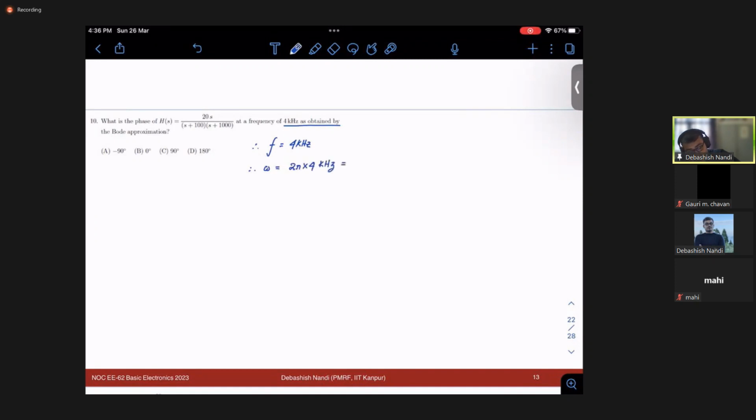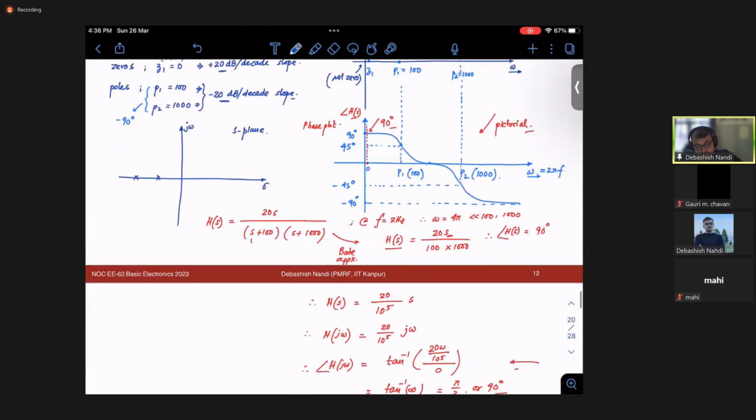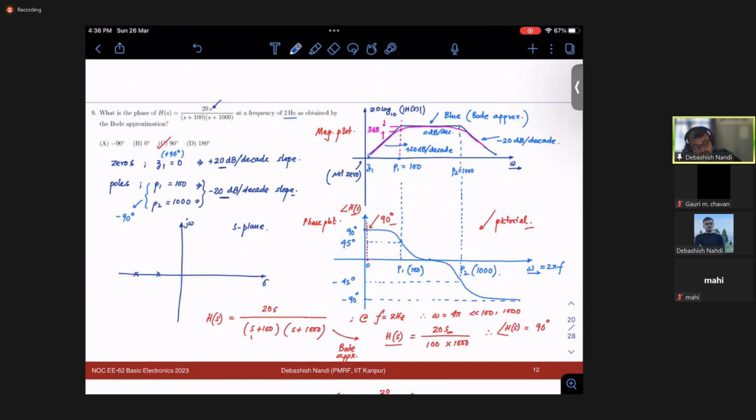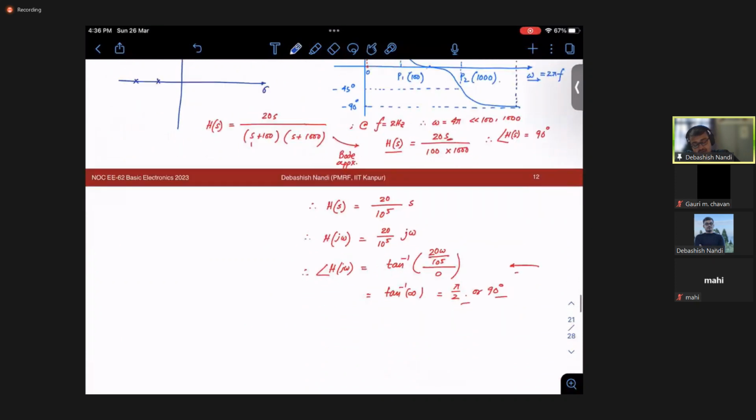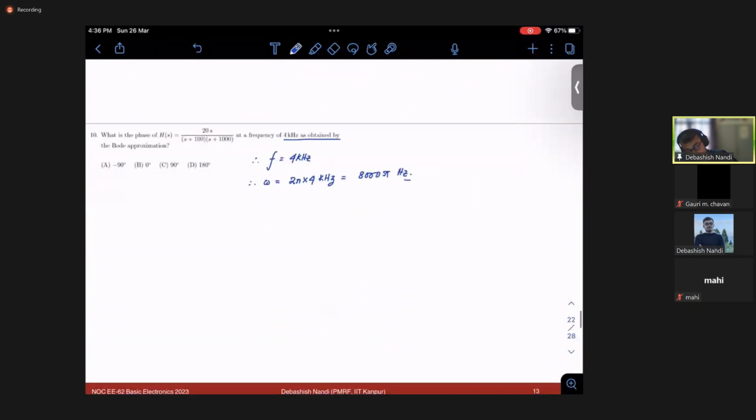That is nothing but 8000 pi, right? So 8000 pi means it lies much beyond P2. So what is your phase there? Your phase, you can see from the plot, is nothing but minus 90 degree, right?